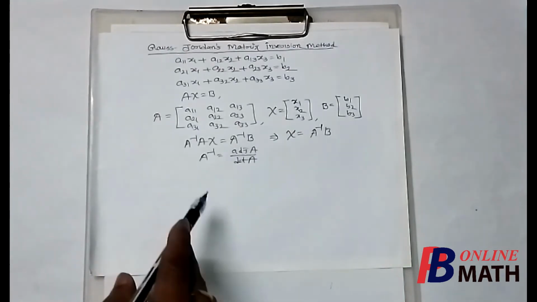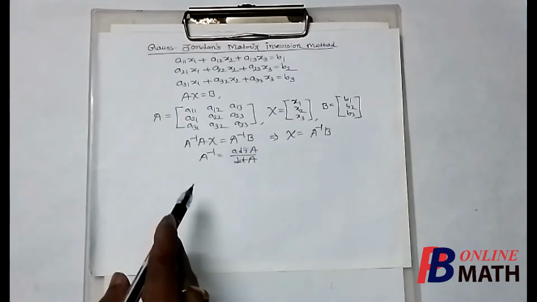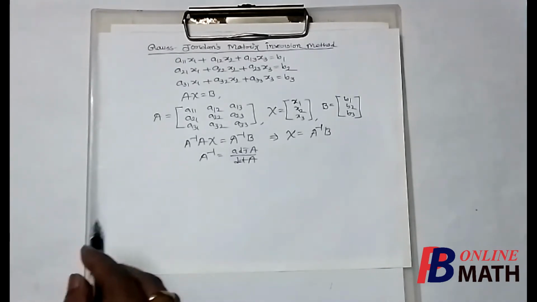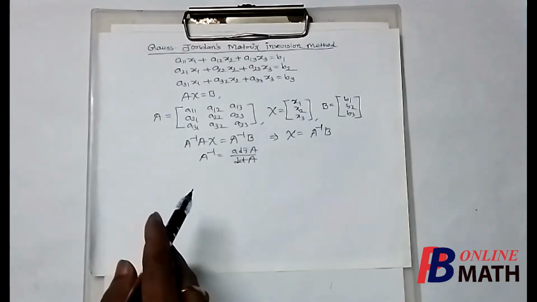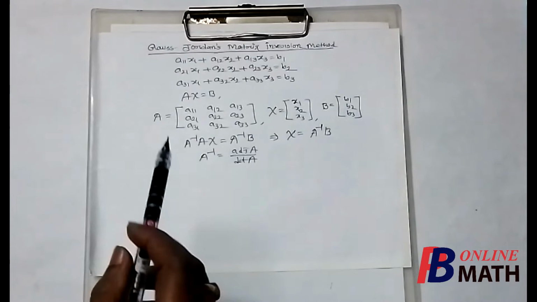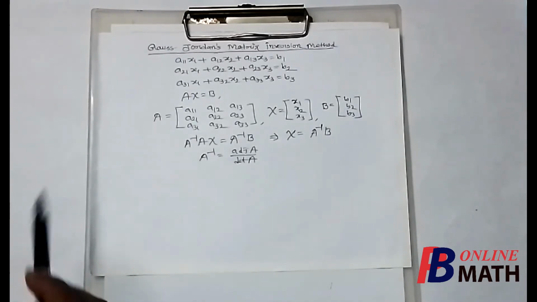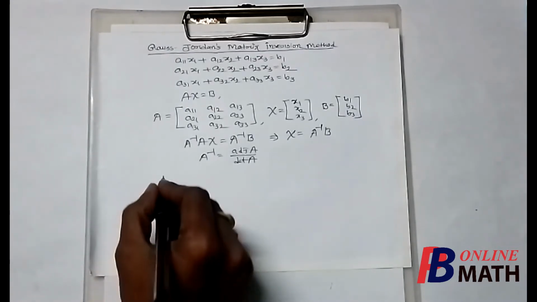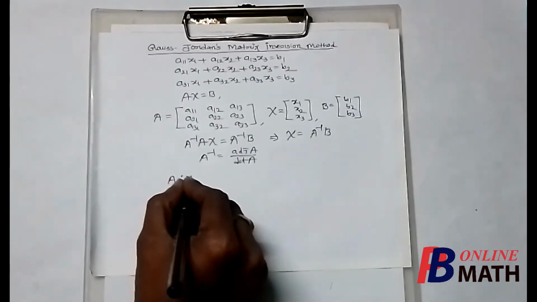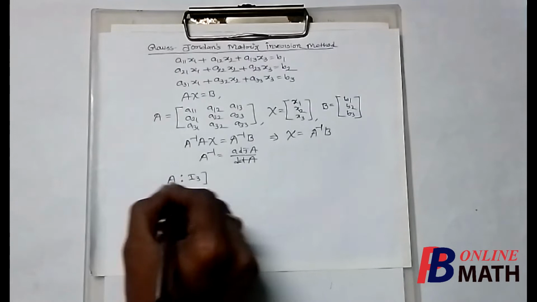But alternatively, we can find the inverse by Gauss-Jordan's matrix inversion method. In this case, we can find the inverse of the matrix A by elementary row operations on the coefficient matrix A. Actually, in this case, we consider this augmented matrix, the matrix A, and the identity matrix I3.